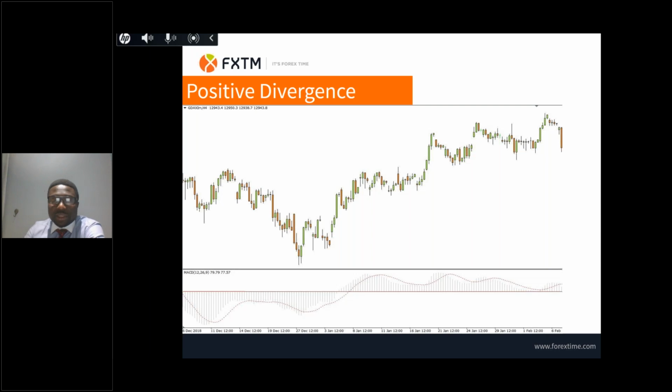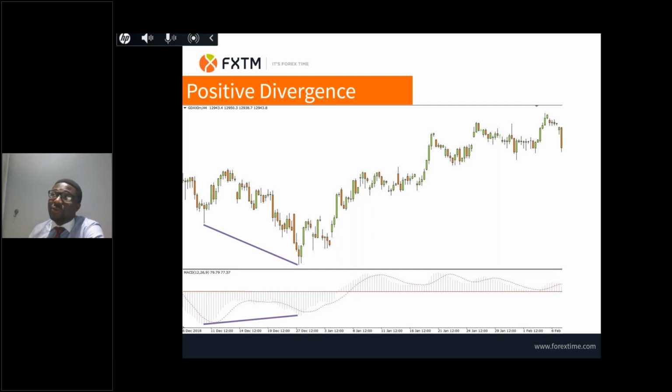So in this case, we'll be considering the lows of price because it was falling. We can see that price was lowering, but the indicator is turning the other way.